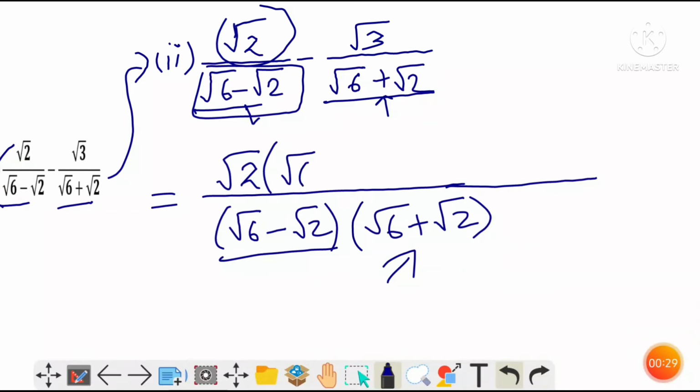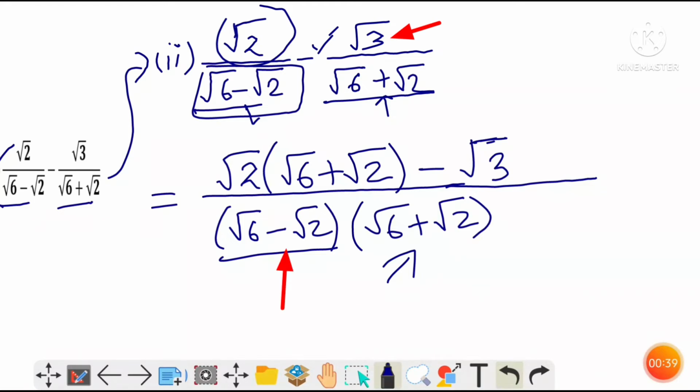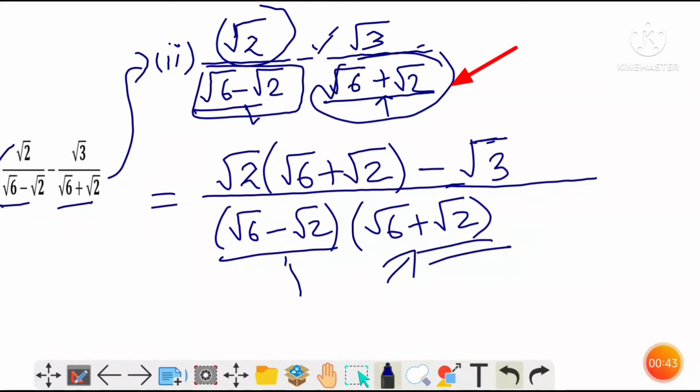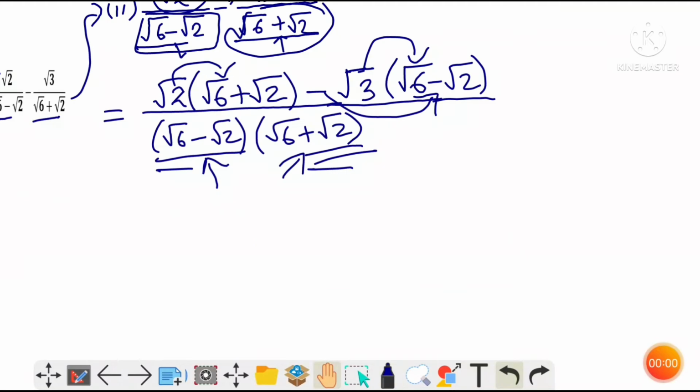So root 2 into root 6 plus root 2 minus root 3, and we'll take root 6 minus root 2 because root 6 plus root 2 is in the denominator. Now we'll multiply them.